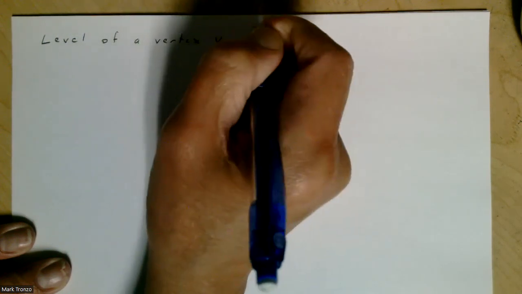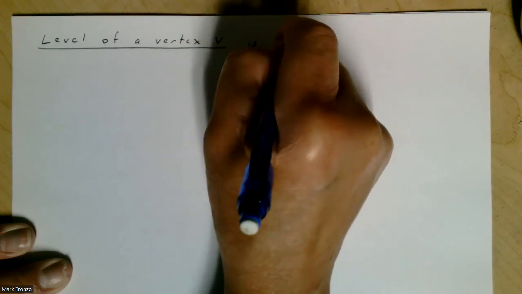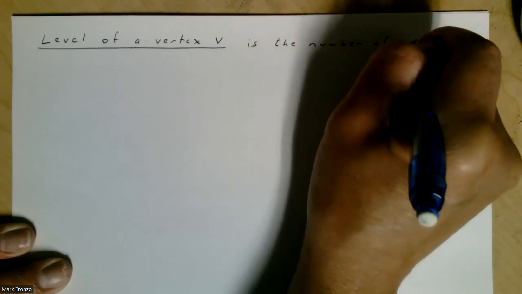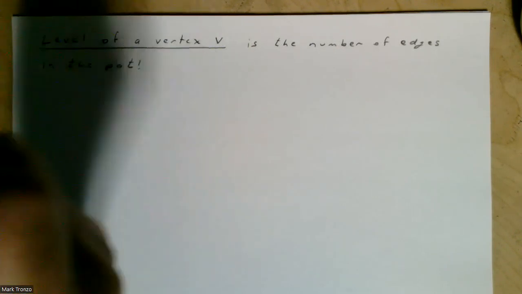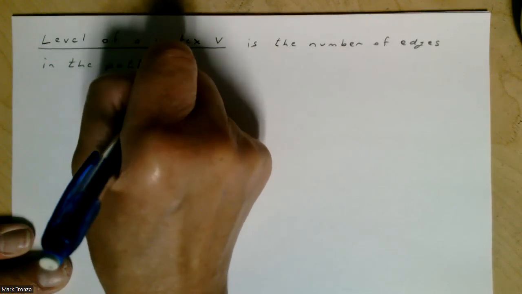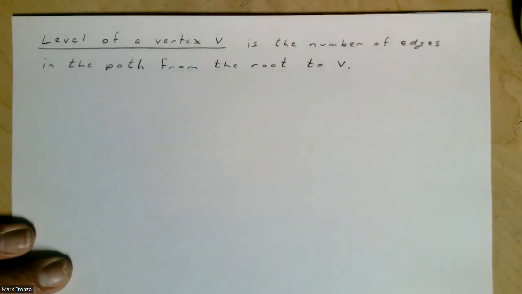So now let's come up with some other definitions. The level of a vertex, call it vertex V, is the number of edges in the path from the root to V. So that's called the level.